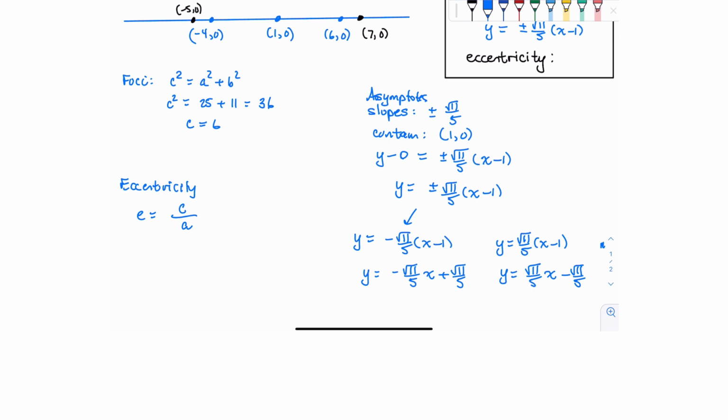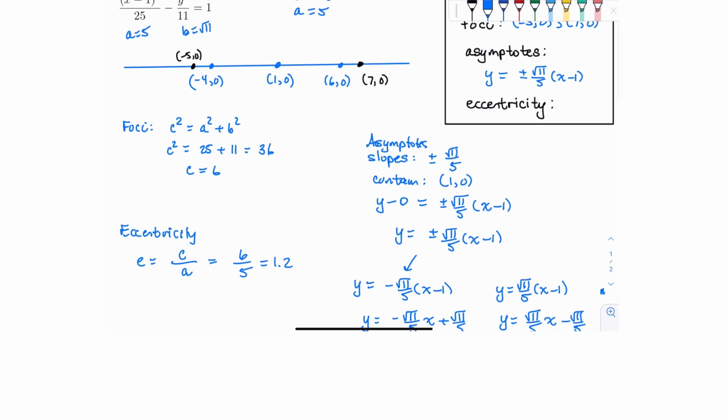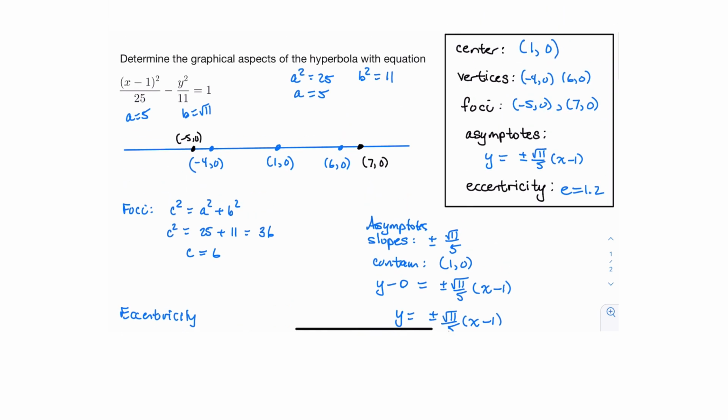And since the foci are further apart from the center than the vertices are, we expect the eccentricity of a hyperbola to be greater than 1. Well, in this case, c is 6 and a is 5. So you could either report 6 over 5 or 1.2. That just emphasizes that the eccentricity is greater than 1. And there we have all of the graphical aspects of our hyperbola.